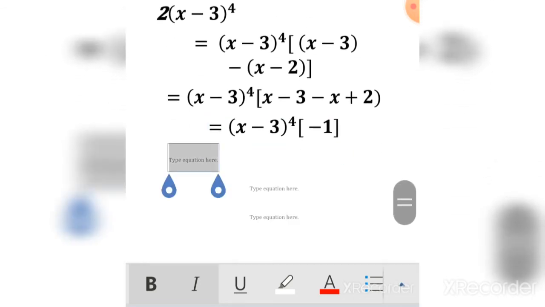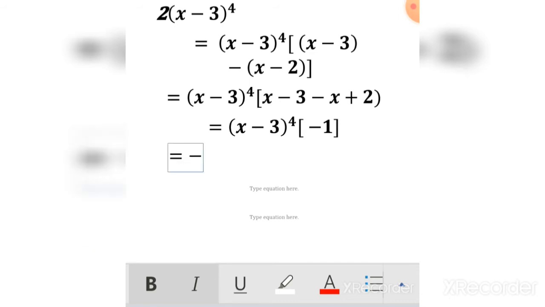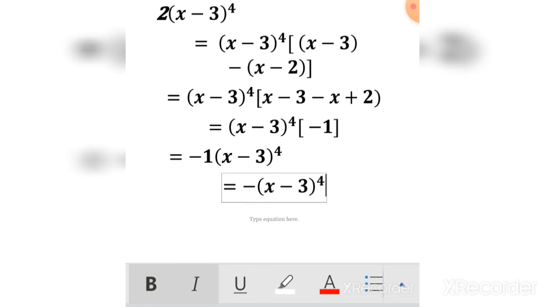Next, negative 1 times x minus 3 to the fourth power is just equal to negative quantity x minus 3 to the fourth power.